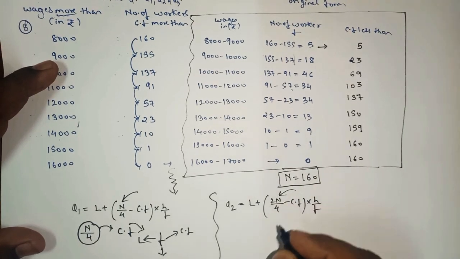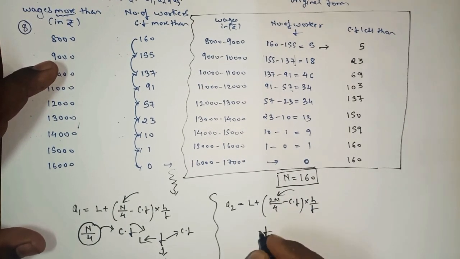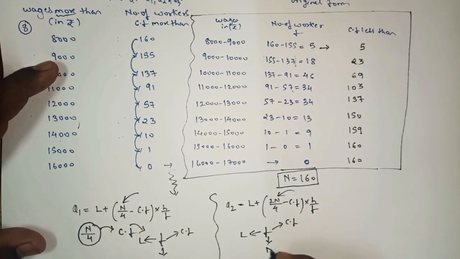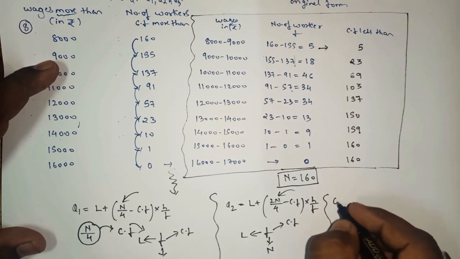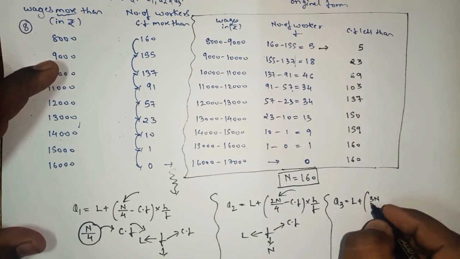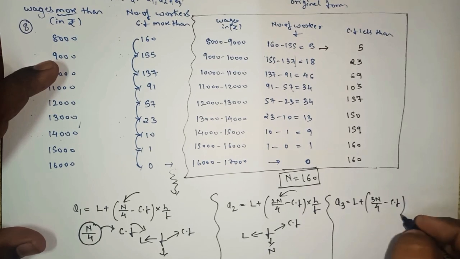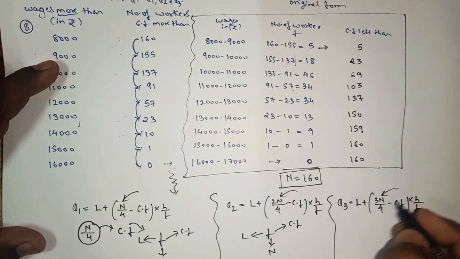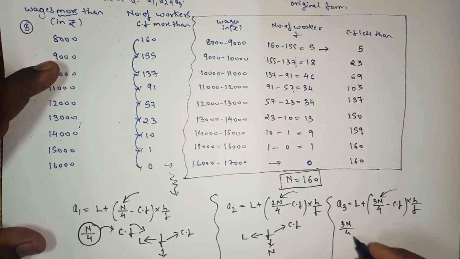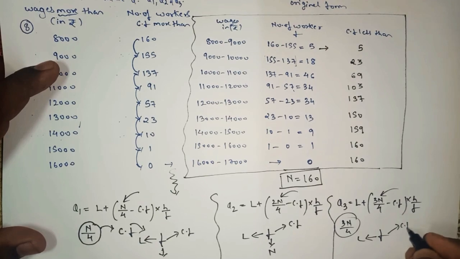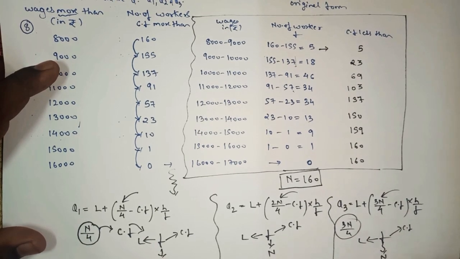With the help of this 2n upon 4 you will get the values of f, L, Cf and n. The third formula is Q3 equals L plus 3n upon 4 minus Cf into h upon f. Here also you will find 3n upon 4, and with its help you will get f, L, Cf and n.